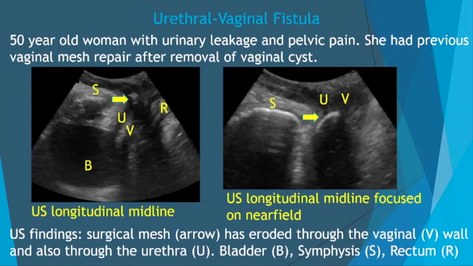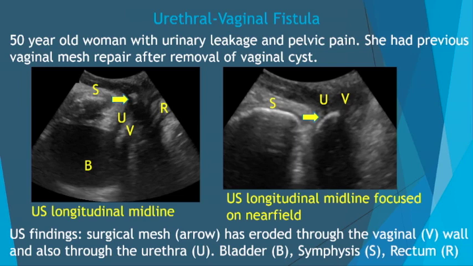This next patient had urinary leakage, and when we did the transperineal exam, we noted that there was a suburethral sling. This is the urethra, the vagina just behind. When we looked at it closer, this is a close-up shot, we noticed that unfortunately this sling had actually perforated the urethra into the vagina, and so had caused a urethral-vaginal fistula.